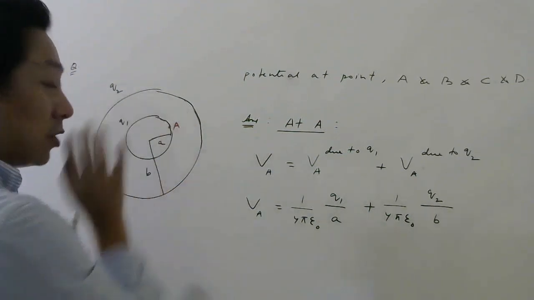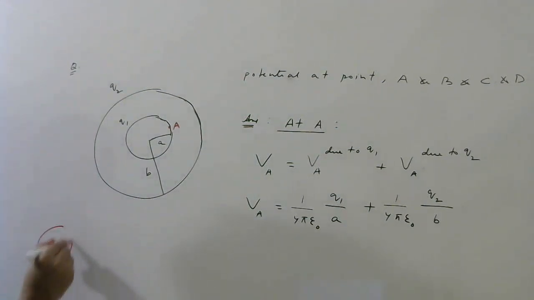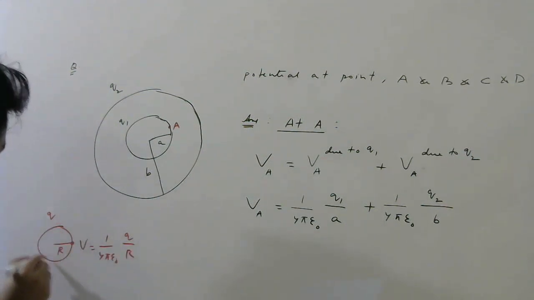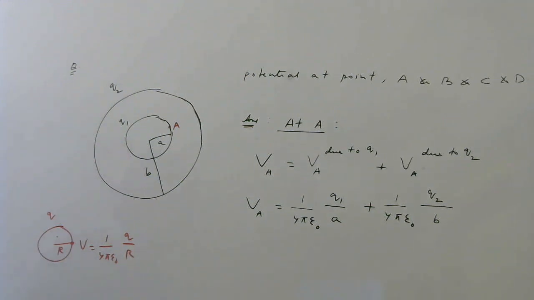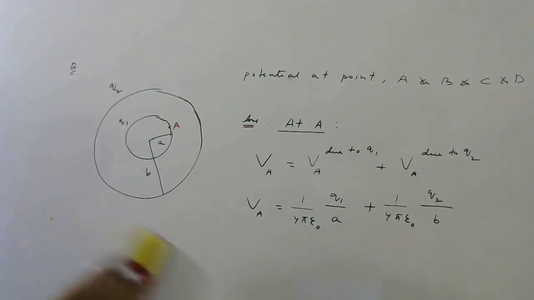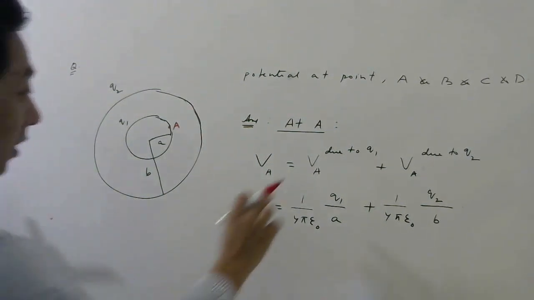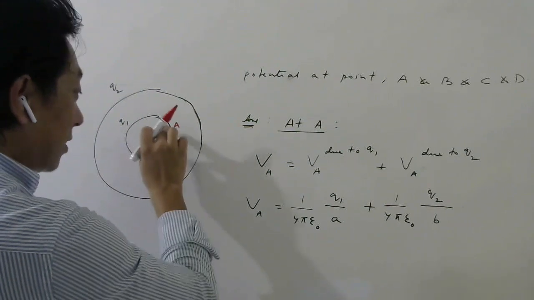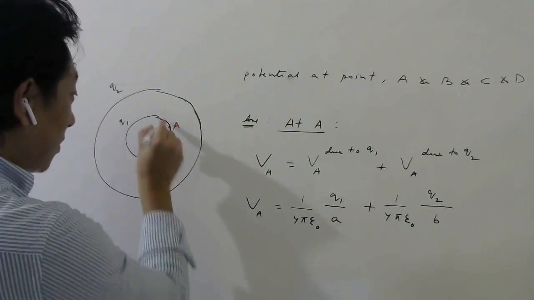If I have a charge Q, then on the surface the formula for potential is 1 by 4 pi epsilon naught Q by R. And inside, it will be the same as on the surface. So at point A, potential due to this charge will be the same as on the surface, because this point is on the surface of this shell.